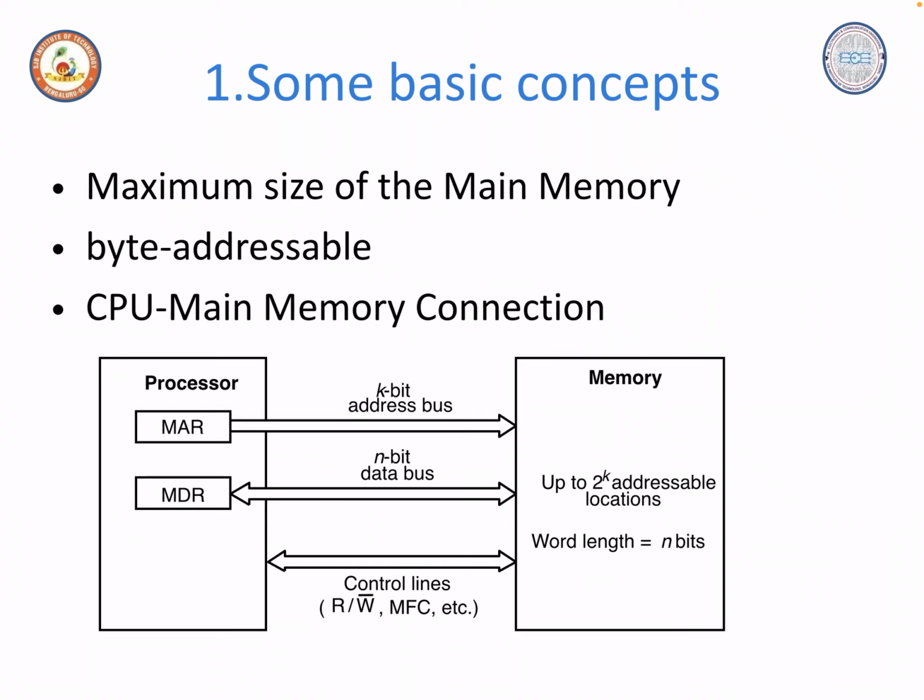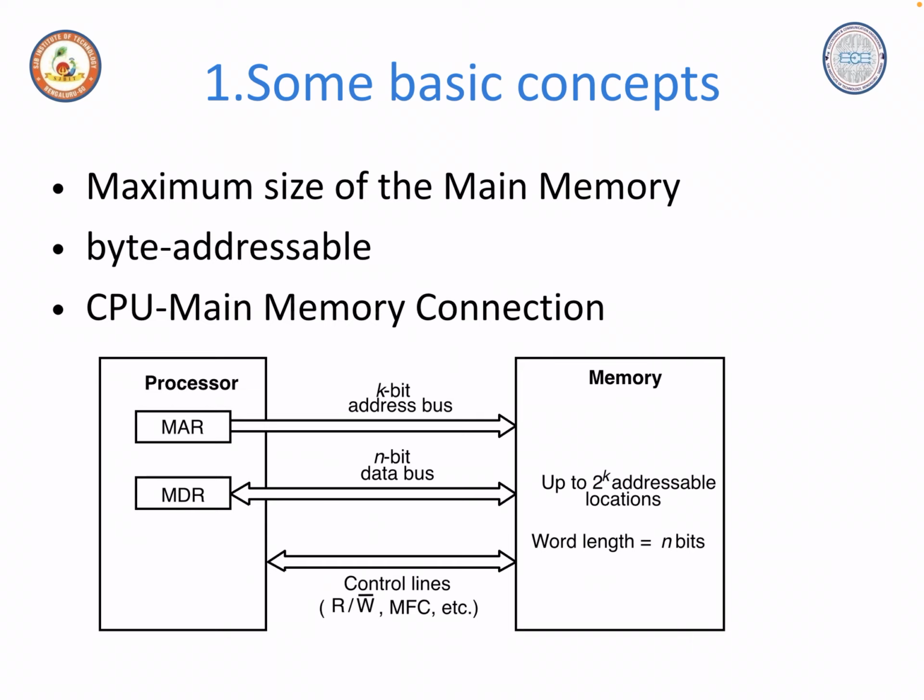It is meant for coordinating the data transfers. Other control lines may be added to indicate the number of bytes you need to transfer.